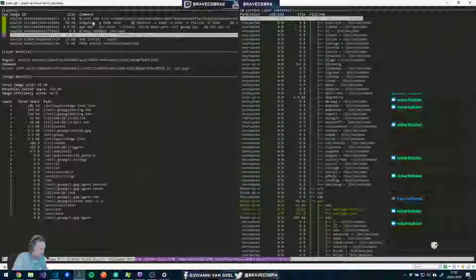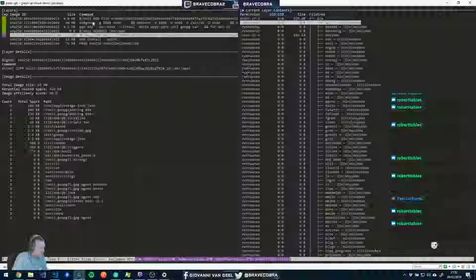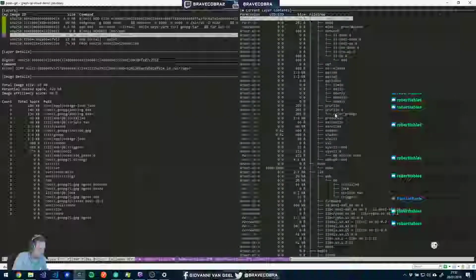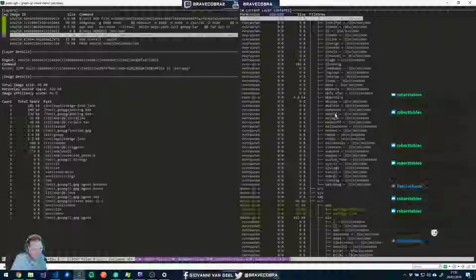Let's go down here, because here you see that this particular step, adding 63 kilobytes, is adding basically the, let's get back to that one. So the 63 kilobytes here is adding those. That's mostly the package log file.